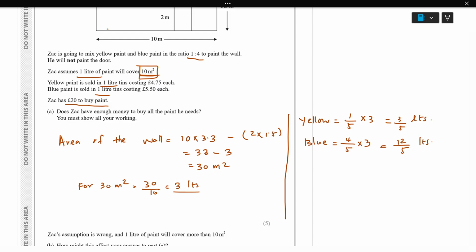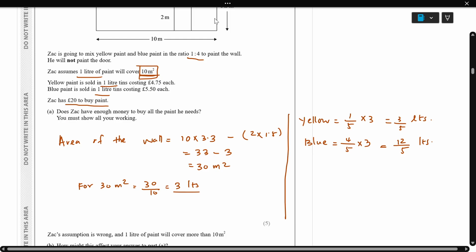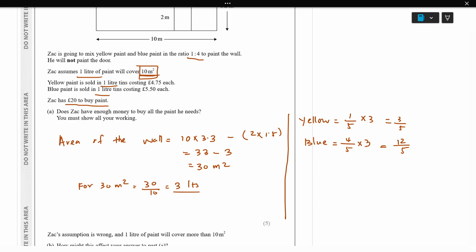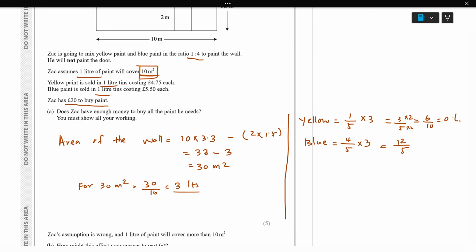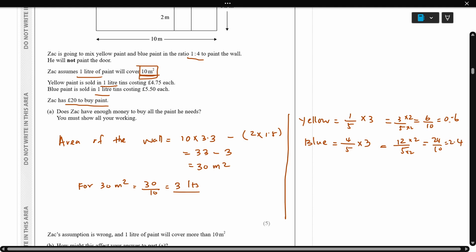So I'll make it decimal: multiply by 2, we get 6 by 10, which is 0.6 liters, and 24 by 10, which is 2.4 liters. So yellow is 0.6 liters and blue is 2.4 liters.